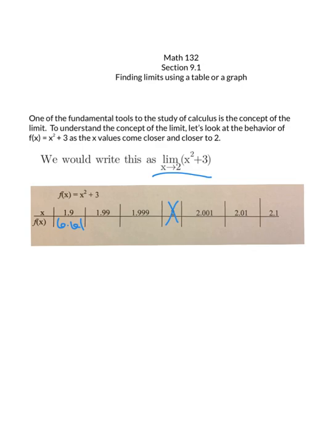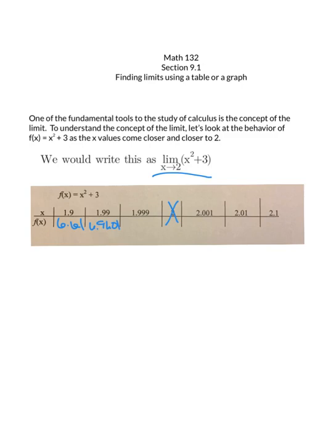Now we're going to put 1.99 in the calculator and see what we get in our function. And if you do that, you will get 6.9601.